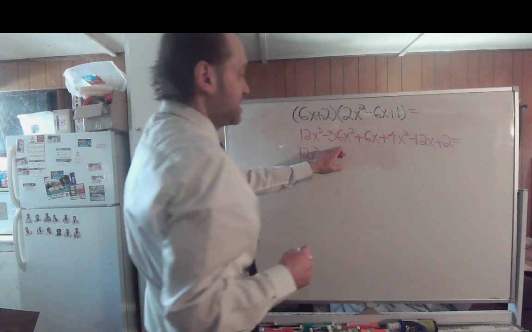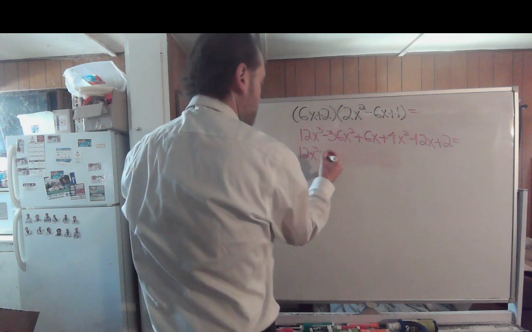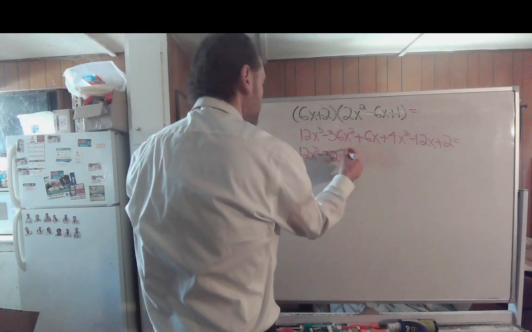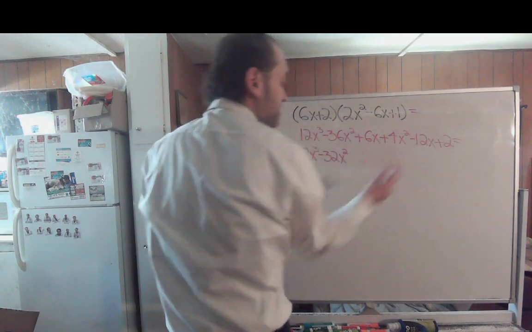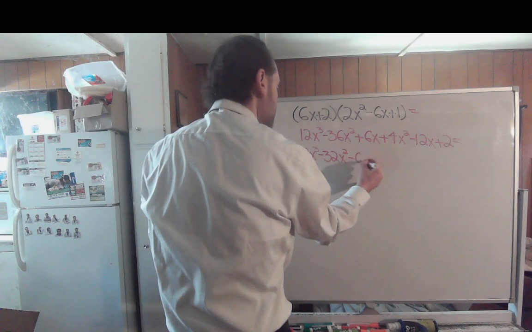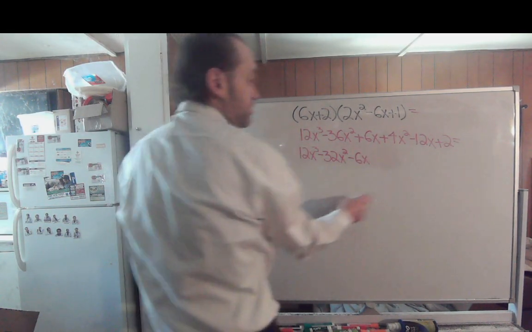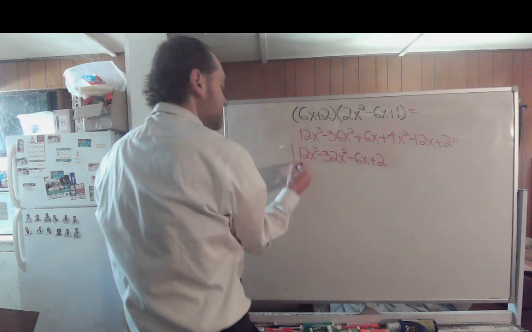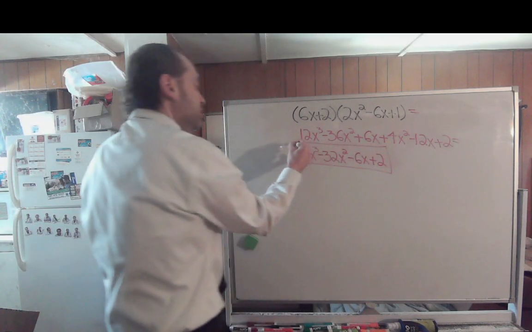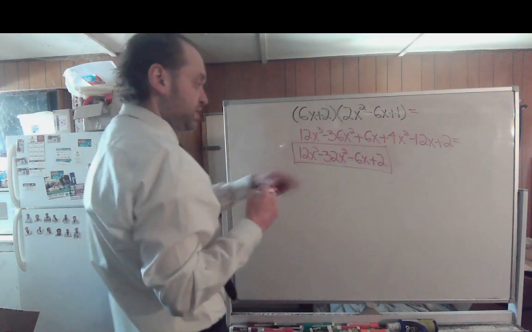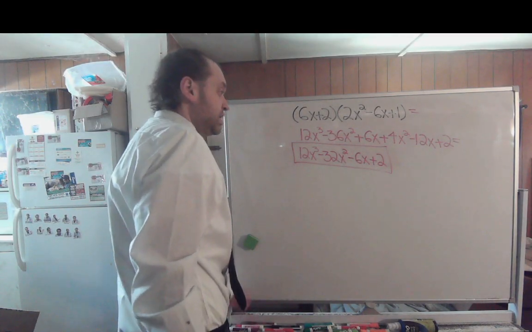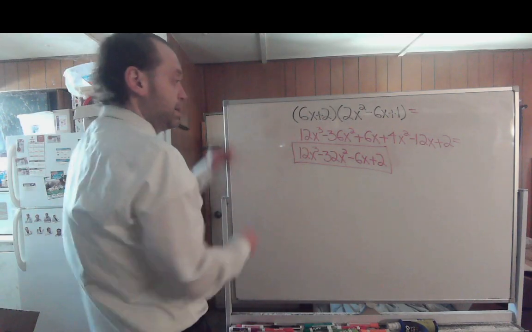Then negative 36x squared plus 4x squared turns into minus 32x squared. Then 6x minus 12x becomes minus 6x. And then you just have a plus 2. So this would simplify into 12x to the third minus 32x squared minus 6x plus 2. That's what you would end up getting in the end.